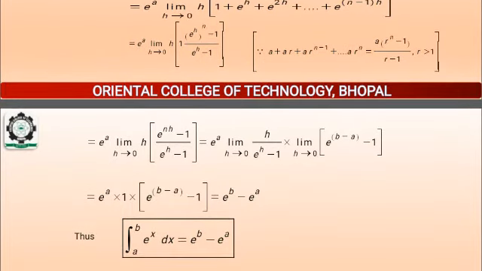So this is e to the power (b minus a) minus 1, and e to the power a is already common here. Multiply e to the power a. So this is e to the power b minus e to the power a. That is, the integral from a to b of e to the power x dx equal to e to the power b minus e to the power a.